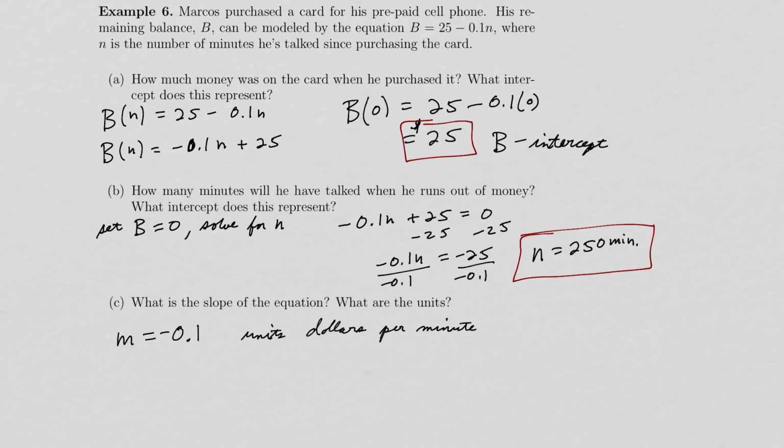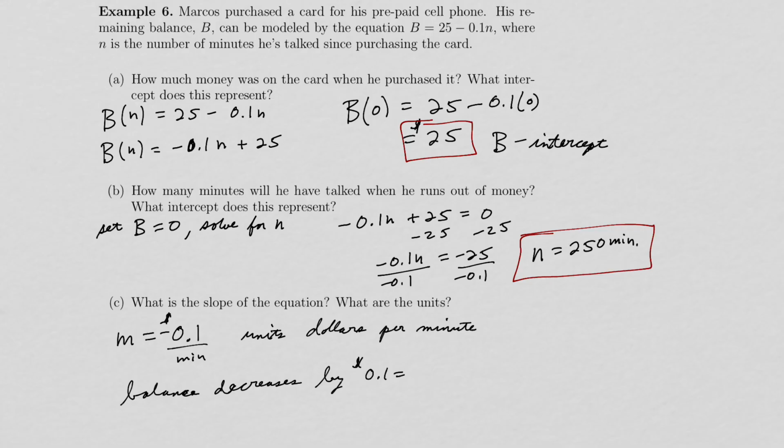Or sometimes you write it like this, dollars over minutes. So basically that means that the balance decreases, that's what the negative tells us, by $0.1, which is the same thing as 10 cents per minute.